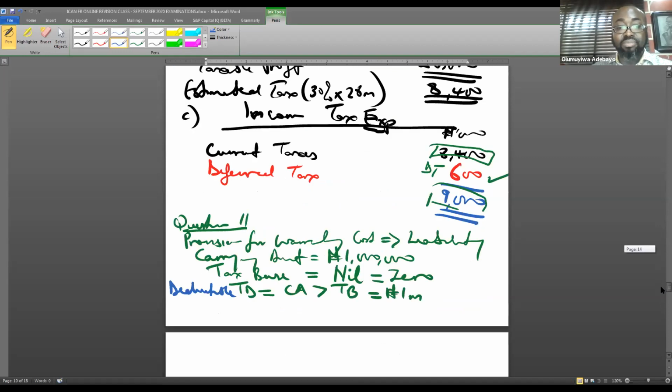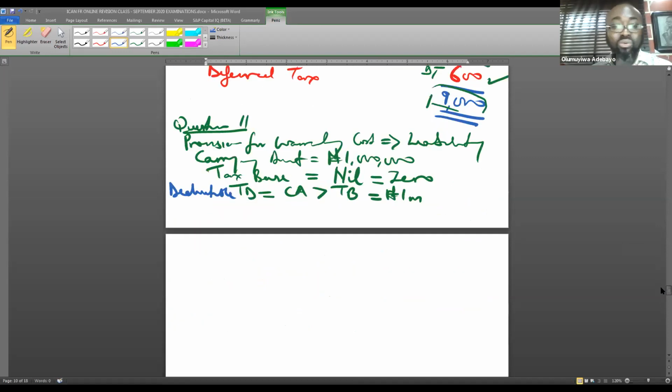If it's deductible, what does that show us? It shows us that we'll have to recognize a deferred tax asset, which is the tax rate, what tax rate is it? 30%?